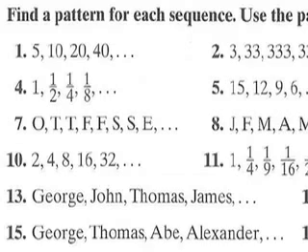Also, a lot of you were asking me how to answer questions 7, 13, and 15 on pages 6 and 7 of the very first lesson. That crazy question that asked you to figure out the sequence OTTEFSSE.